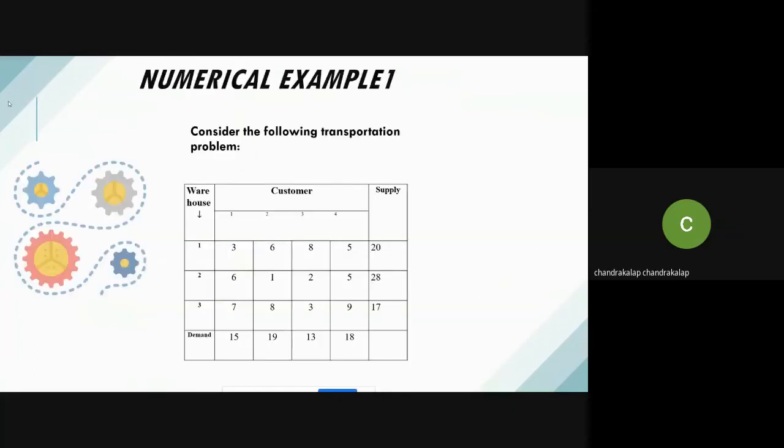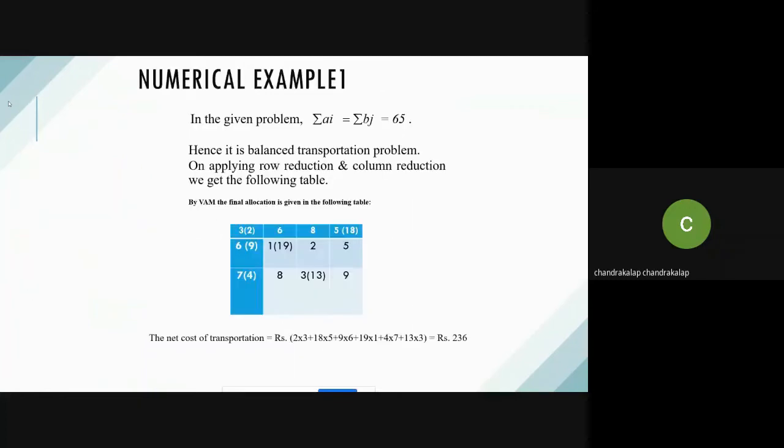Here I am explaining with one example. Here we have 3 warehouses and 4 customers to supply. These are the demands, 15, 19, 13, 18, and the supply is 20, 28, 17 for the first warehouse, second warehouse, and third warehouse. Here, the sum of the availability is equal to the sum of the requirement, so that is equal to 65.